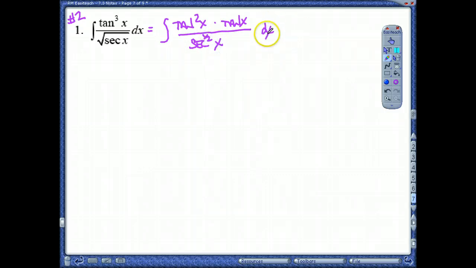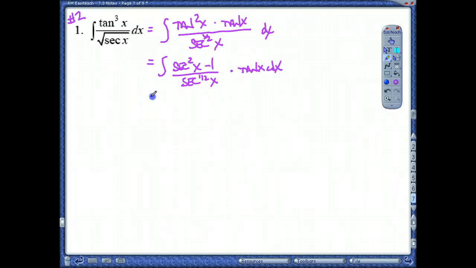Well, we're just going to have to wait on that for a minute. Tangent squared is secant squared minus 1. I still need more for my du to make it happen, but we're going to get there. Then I'm just going to simplify. That's going to give me secant to the 3/2 power minus secant to the negative 1/2 power. All of that is times tangent.